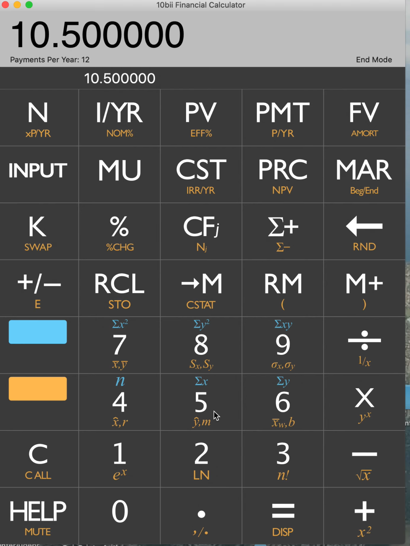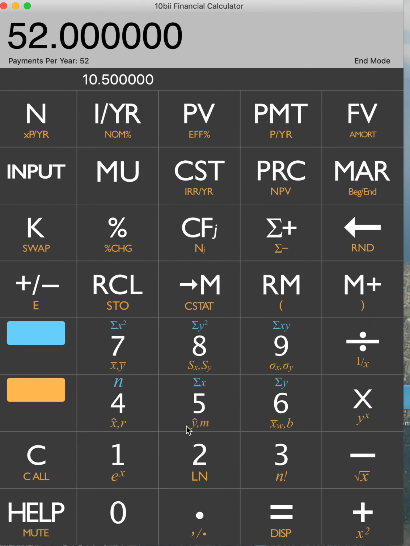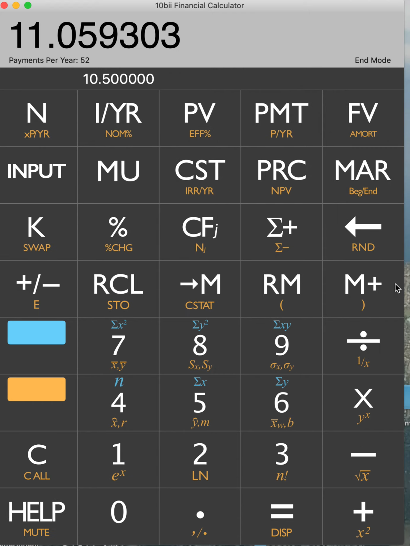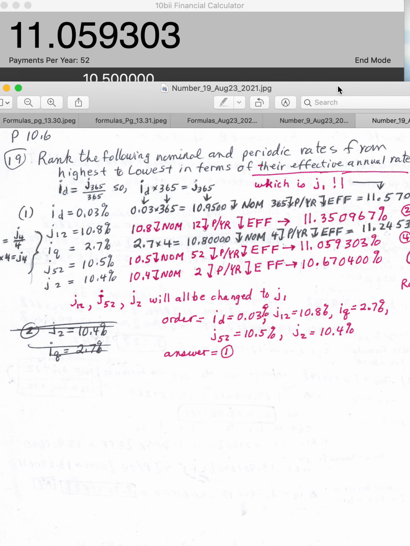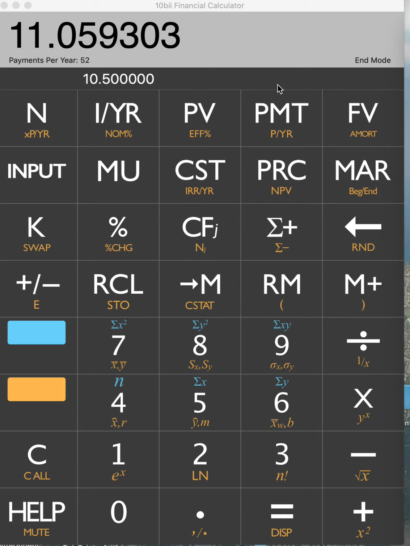And it is 52 times a year, so I put it in as 52 payments per year and find my new effective rate. And that gives me my number right here, 11.059303. And the last one, J2. I'm going to put it in and do 2 payments per year and find its effective rate.